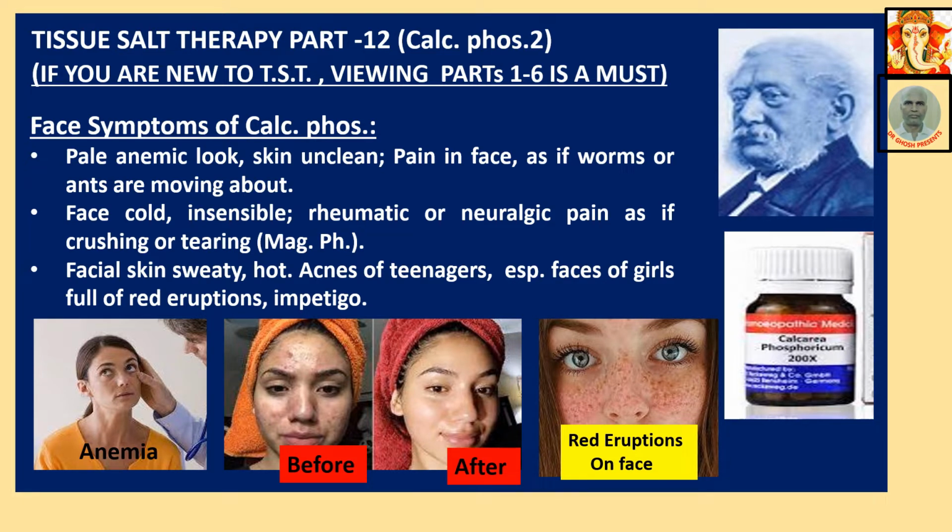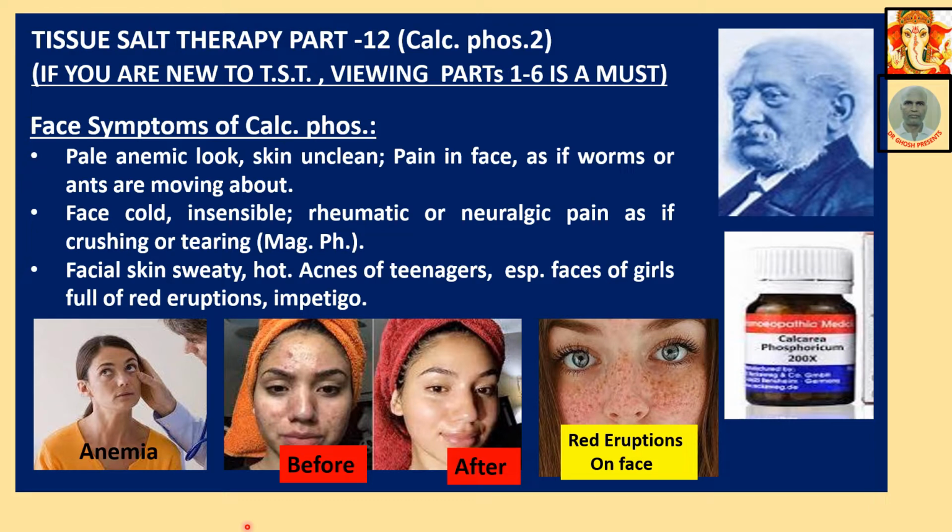Face symptoms of Calcarea Phos: pale, anemic look, skin unclean, pain in face as if worms or ants are moving about, face cold, insensible, rheumatic or neuralgic pain as if crushing or tearing. Mag Phos. That is, in Mag Phos also this symptom is there.